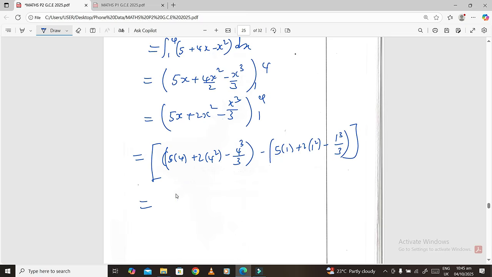So we simplify here, we're getting 20 plus 32, and then minus 64 over 3, minus here it's 5 plus 2 minus 1 over 3.